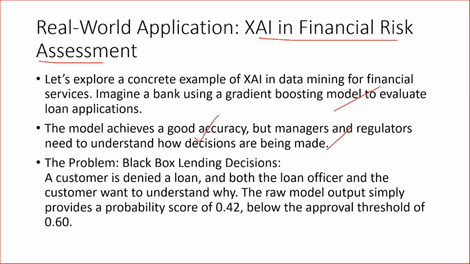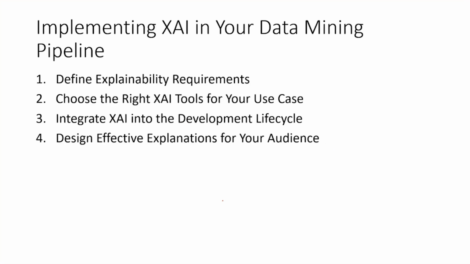The raw model output simply provides a probability score of 0.42, which is below the approval threshold of 0.60. But it just gives that. It doesn't explain why it is giving 0.42. That is when XAI is used, so that the manager or the loan officer and the customer understand why the customer is being denied the loan.